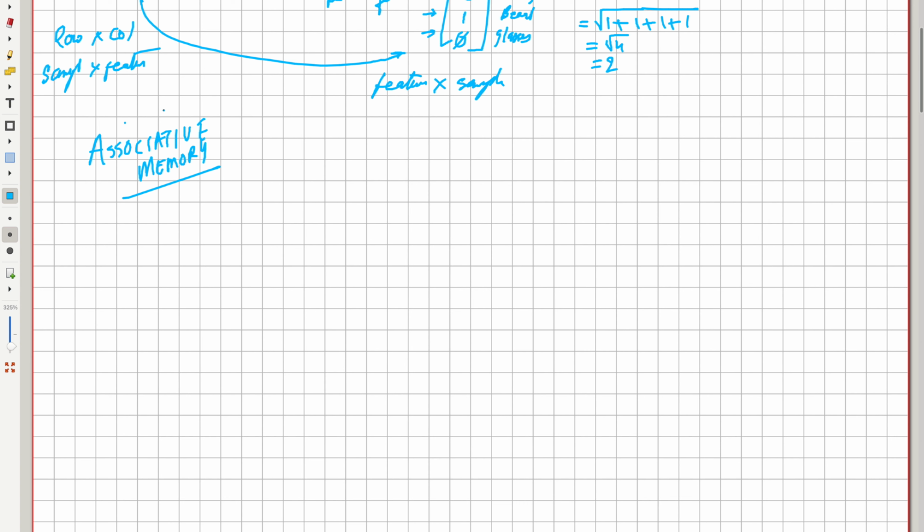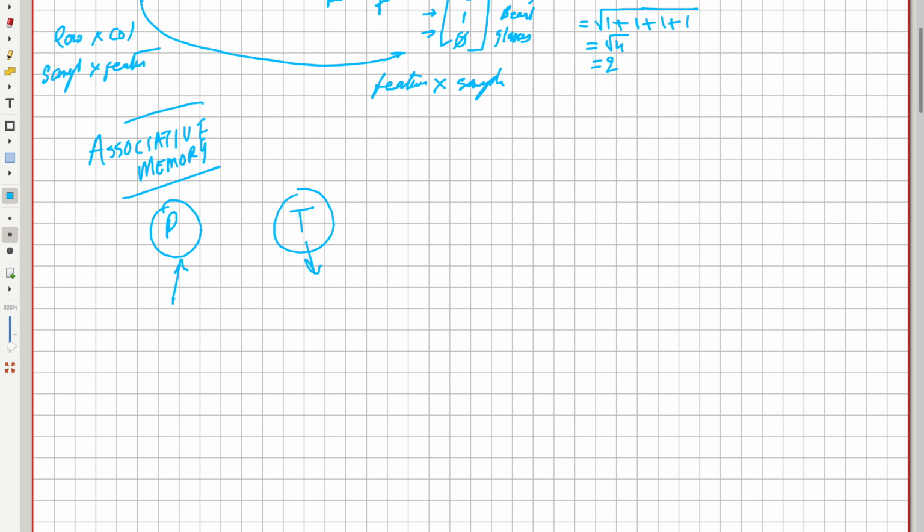What this means is, think of a system that learns to connect one pattern with another pattern, in such a way that when we show the system the first pattern, it will automatically give us the second pattern out.